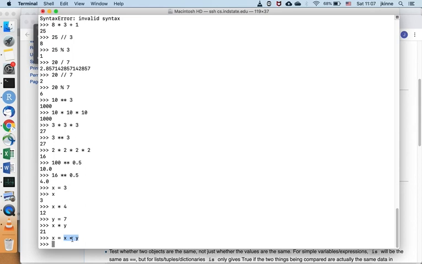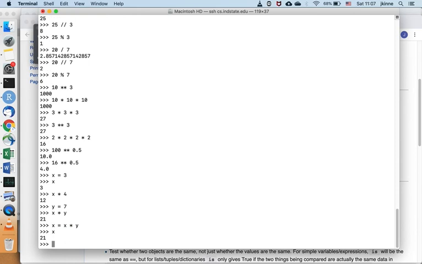So what is x times y at this point? There's a 7 for y, and there was a 3 for x. So if we had just done x times y here, it would have been 21, which we had right there. So we're going to take that value and save it into x. So now x is 21.